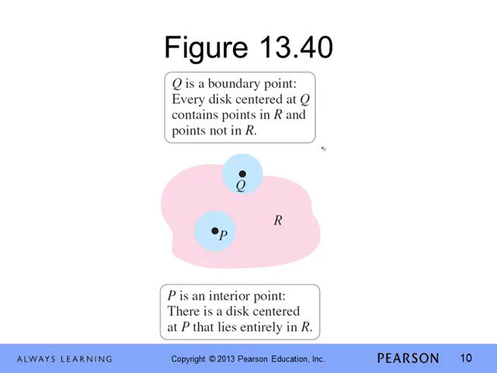We can find at least some disk centered at P that lies entirely within R. And no matter how close that you get to the boundary, as long as you're not on the boundary but within R, you can still find some disk, a disk with a small enough radius that will be entirely within R.